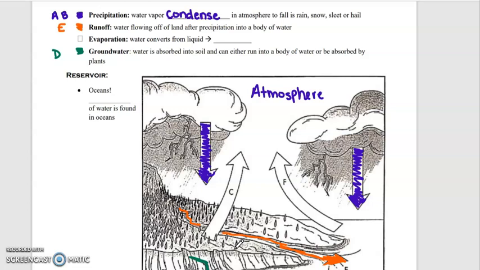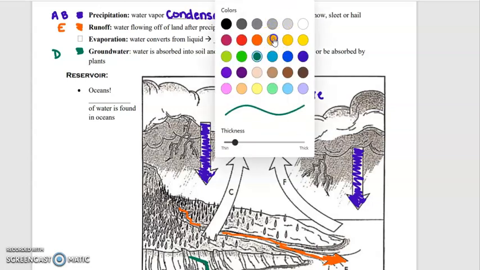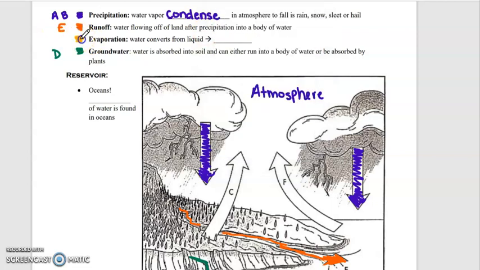So if we remember, we said a cycle has to begin and end in the same points. We started in the atmosphere, we had precipitation, rain, snow, sleet, or hail, had it fall onto land, it moved across the land through runoff or groundwater, but we have to find a way to return it back into the atmosphere. And that last way will be through evaporation.